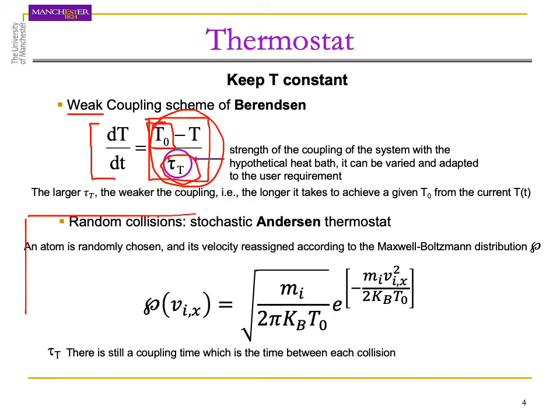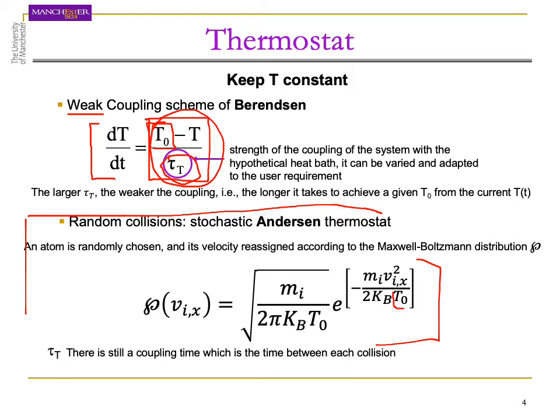For the Andersen collision instead, as I said, the philosophy is the same, coupling the system with the heat bath, but the way we obtain this coupling is different. What we are doing in an Andersen thermostat is choosing randomly, that's why it is stochastic, some atoms in our system and just replacing completely their velocity with a velocity drawn from a Maxwell-Boltzmann distribution, which prescribes the distribution of velocity for a specific temperature.